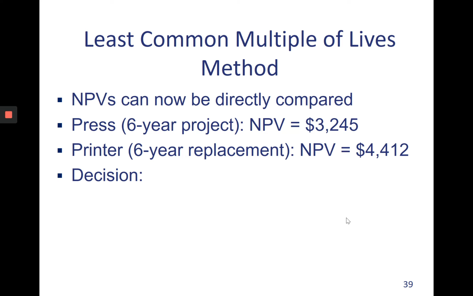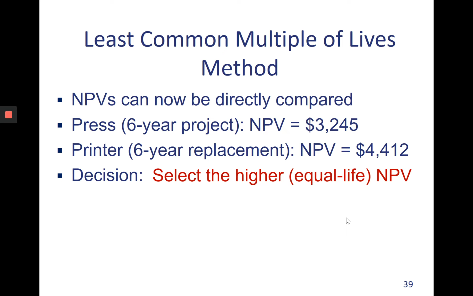Then we have to look at the number of years where we have a common multiple of lives. In that case, 20 years, using the 5-year project 4 times and the 4-year project 5 times would work. Select the higher equal life net present value.